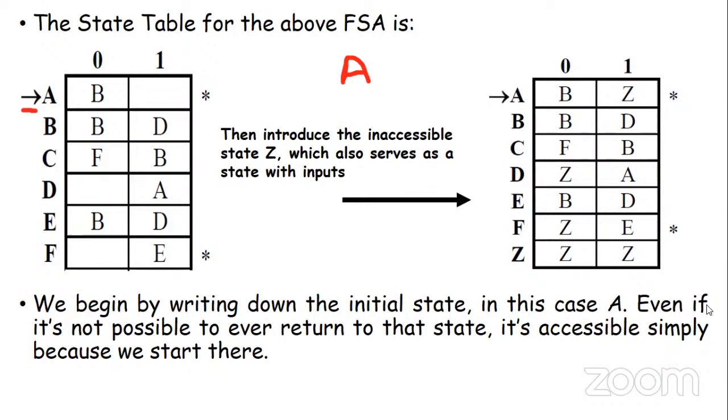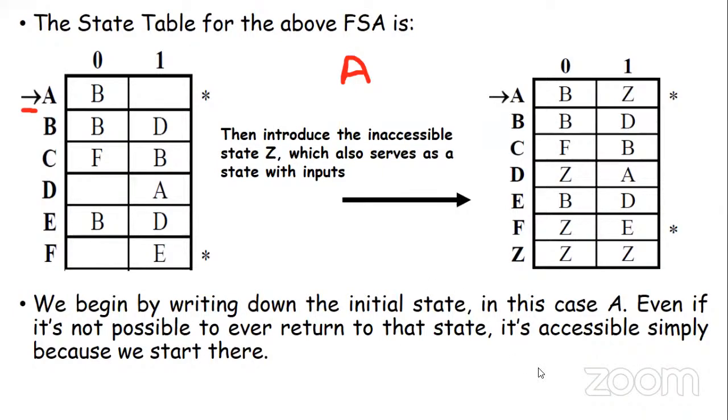Even if it is not possible to ever return to that state, it's accessible simply because we start from there. The initial state can never be said to be inaccessible, because that is where you will start all your calculation or all your logical reasoning from. So the first thing is that you write out the value of A.